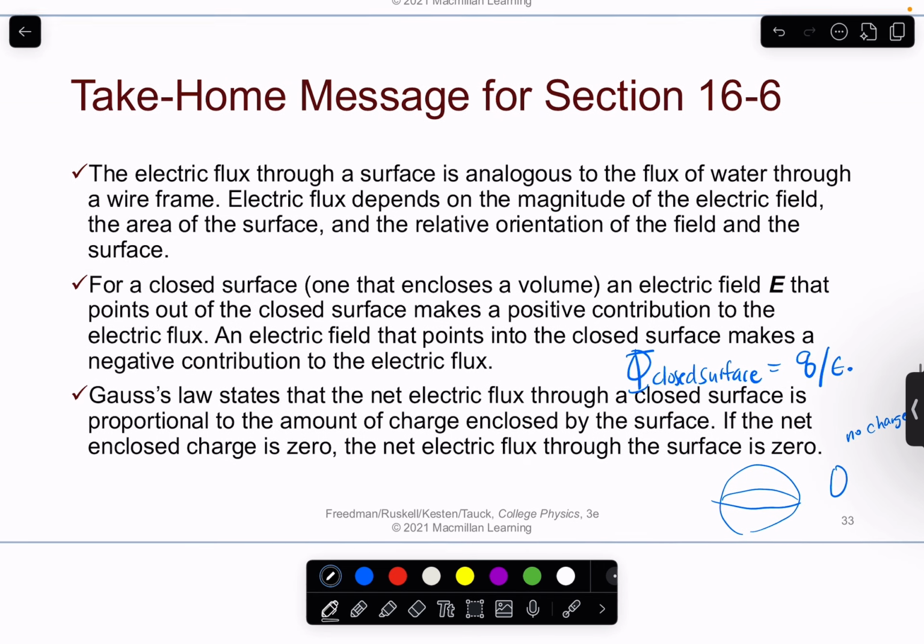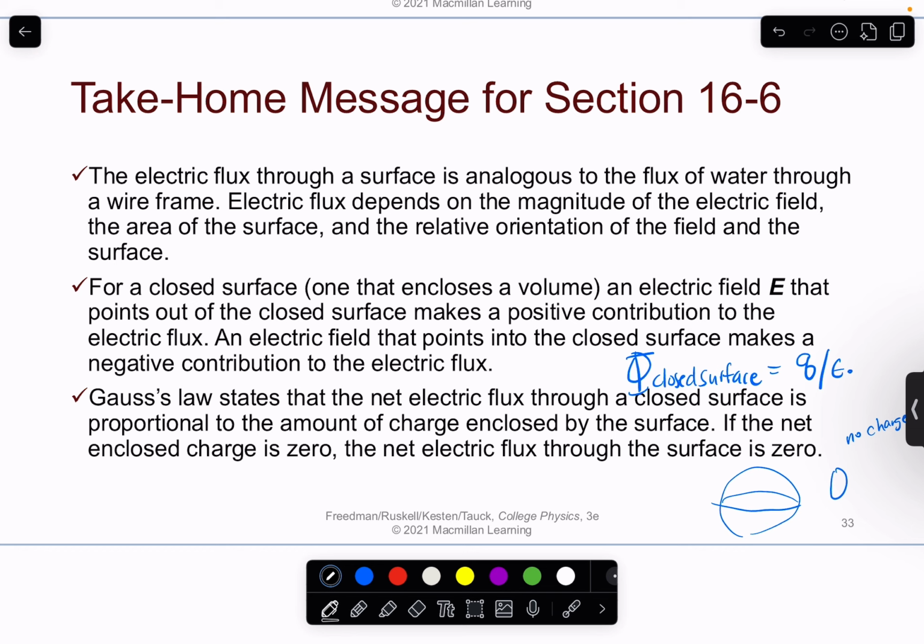So to wrap up this section, we talked about electric flux, what it is mathematically, and we related it to, instead of the velocity of water, electric flux, which is how much electric field vector penetrates an area, right? And the way we characterize the area is through the perpendicular direction of the area.